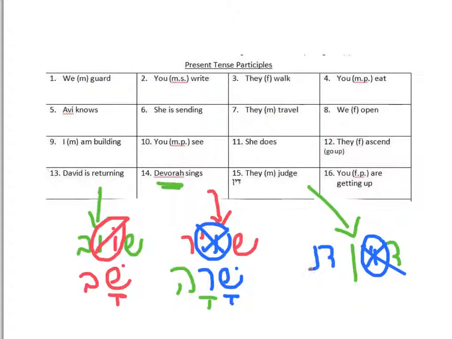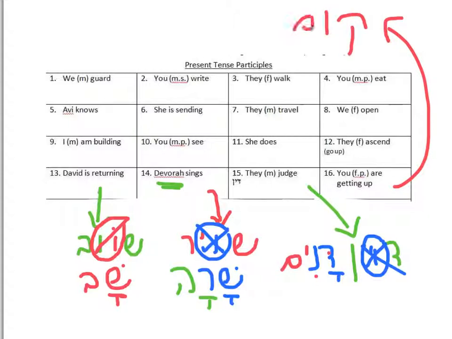Okay, and I'm going to add the suffix for masculine plural, danim, and because it's beged kefet, it gets a dagesh, danim. How about number 16? You are getting up. I have kum as my shoresh, and I try to add that vav in the middle, the cholam, doesn't work, they cancel each other out, and I'm left with, and it's feminine plural, so it's kamot.